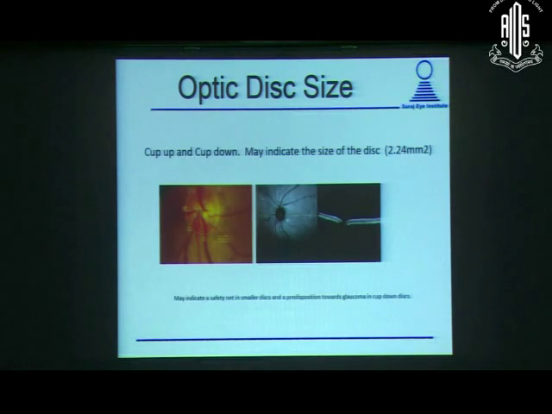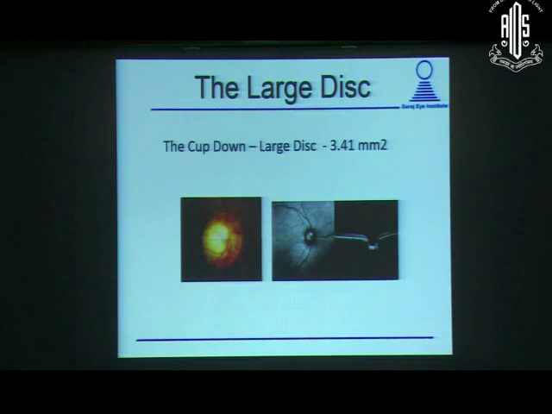You've already seen the images before. The optic disc size is very important, and when we did the enhanced depth imaging for the optic disc in a small optic disc, we found that you get a very small dipping of the cup. So just by looking at the line image passing through the optic disc, sometimes we can tell that this is either a normal size disc, with no suspicion that it has glaucoma, or that it is a small disc.